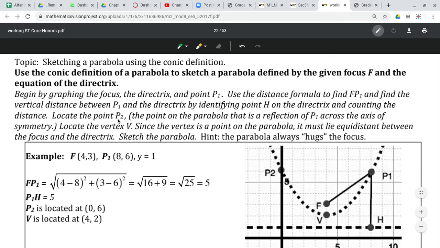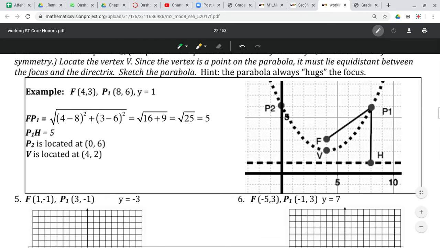Locate the point P2, the point on the parabola that's a reflection of P1 across the axis of symmetry, and locate the vertex. Since the vertex is a point on the parabola, it must lie equidistant between the focus and the directrix. Sketch the parabola. Hint, the parabola always hugs the focus.